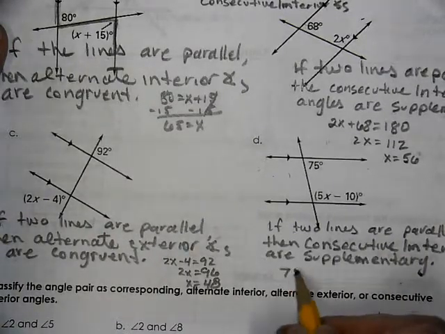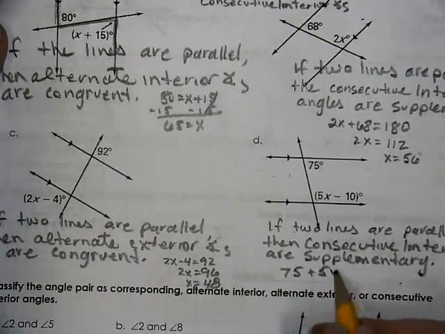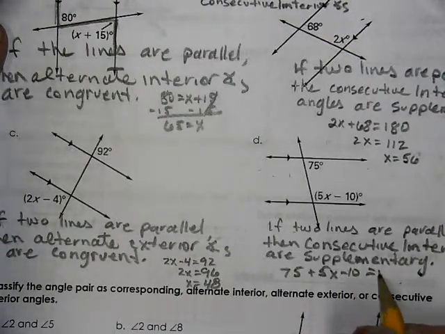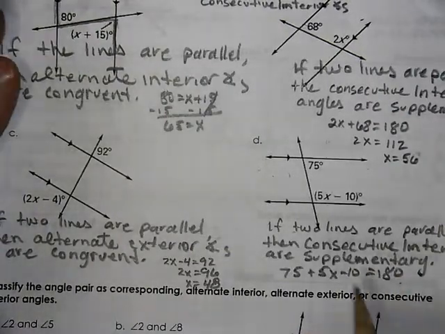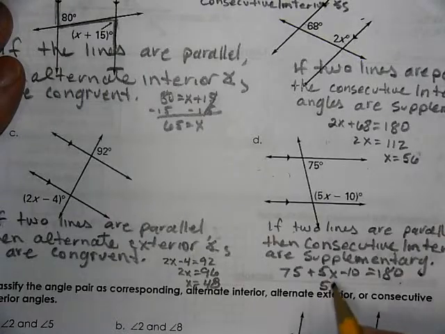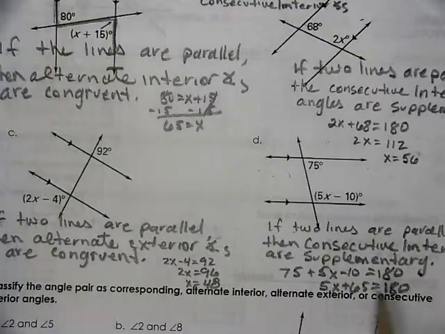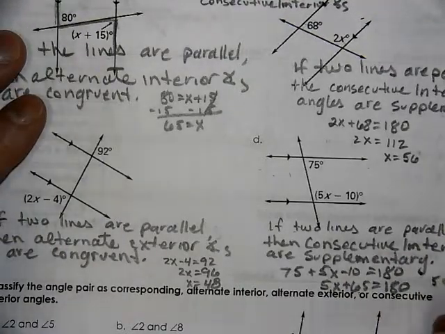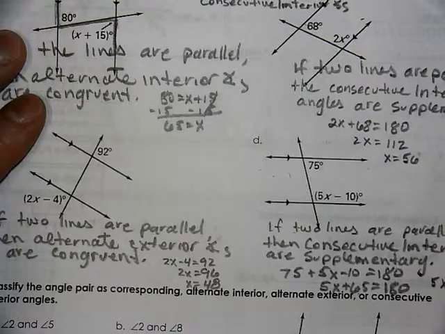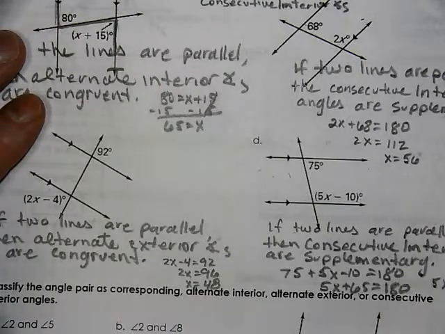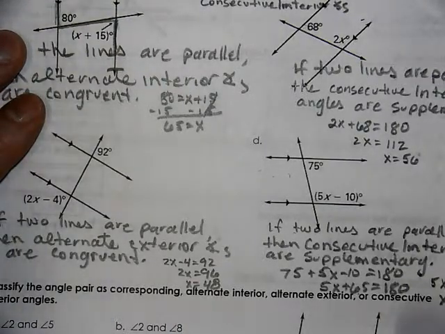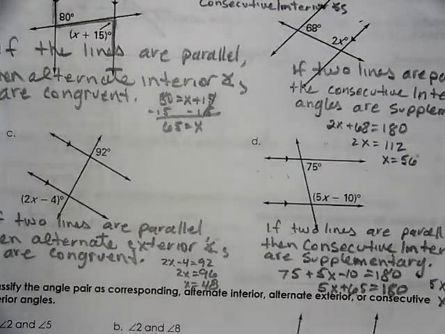So I know that 75 plus the 5x minus 10 has to add up to equal 180. Here we get 5x plus 65 equals 180. Subtract the 65 to the other side, and we get 115. And when we divide by 5, we get 23.